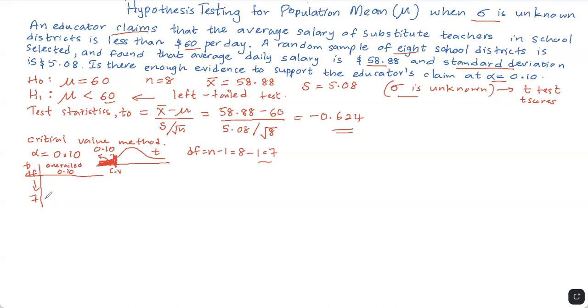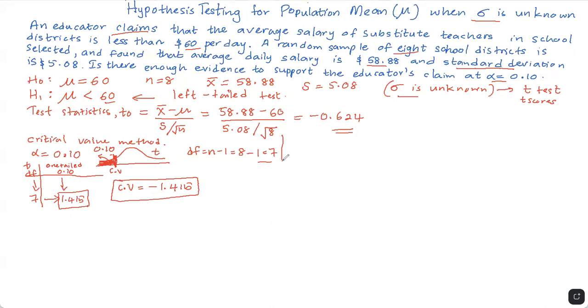Then you will see a number over here, 1.415. So this is the t value from the table, right? As this table represents only the positive values, since we are in the left tail, that means we need negative t values. Since this is the positive t value, our required critical value here is negative 1.415. So this is the critical value in this problem.